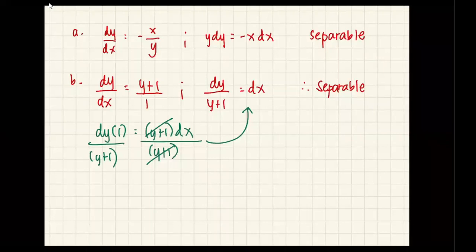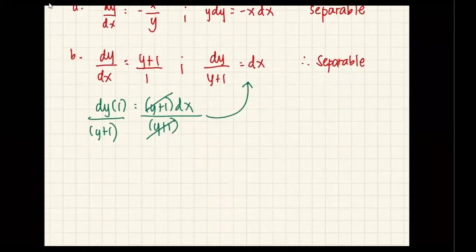Okay? Next, halimbawa, given yung equation na dy over dx is equals to x squared y. Separable ba yan o hindi? So, one way of knowing, pwedeng i-multiply natin yung dx sa kabila.